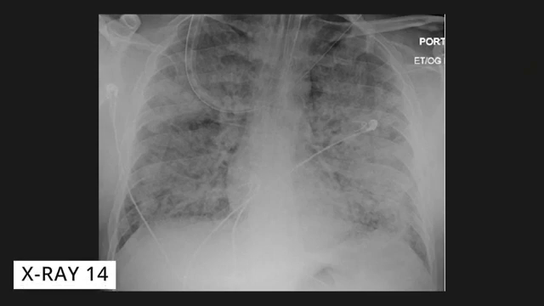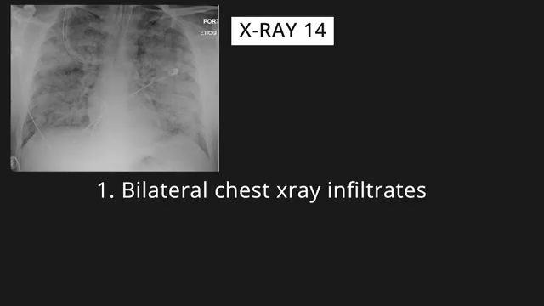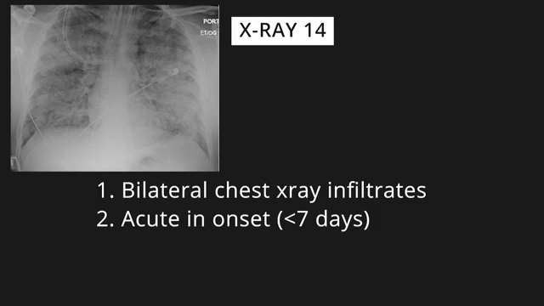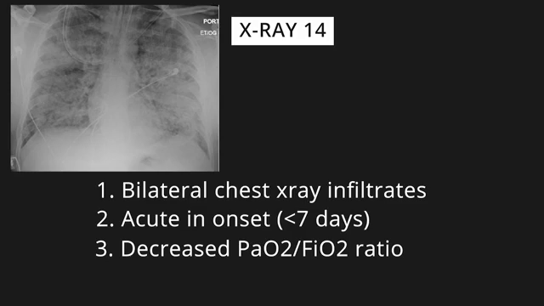Now this patient is admitted in ICU with complaints of aspiration 2 days back, currently on 80% oxygen support from the ventilator, and previous X-ray was normal. Cardiac status is also normal. So what is the most likely diagnosis? Now you see bilateral infiltrates on X-ray, acute in onset, that is less than 7 days, decreased PF ratio, that is decreased PaO2 by FiO2.